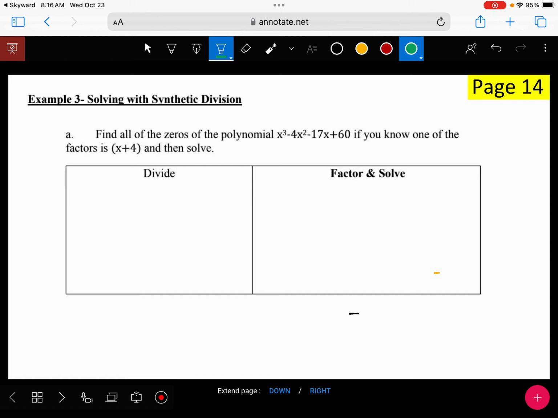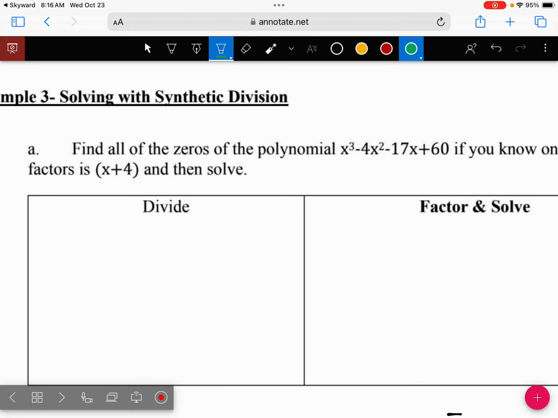But now we're going to do one extra step, which is solve it. All right, so the first thing we need to do is make our division sign. Remember, we flip it.